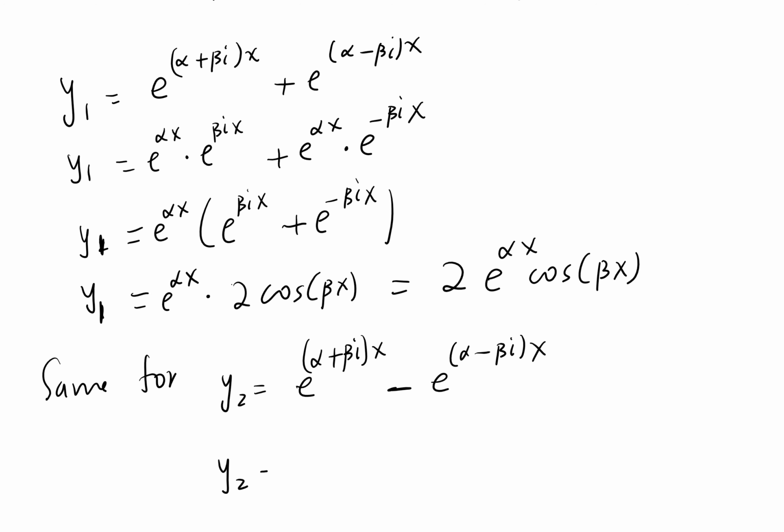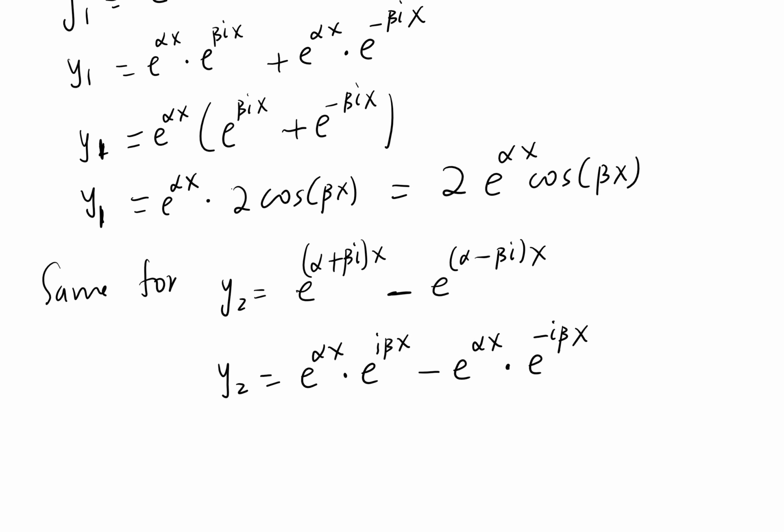Rewrite it as e to the alpha x times e to the i beta x minus e to the alpha x times e to the negative i beta x. We can take e to the alpha x out, which leaves e to the i beta x minus e to the negative i beta x.